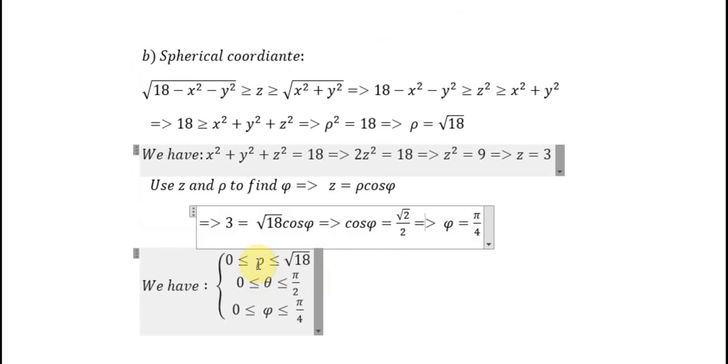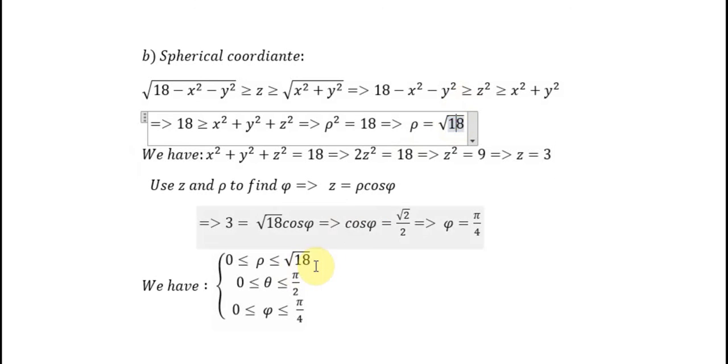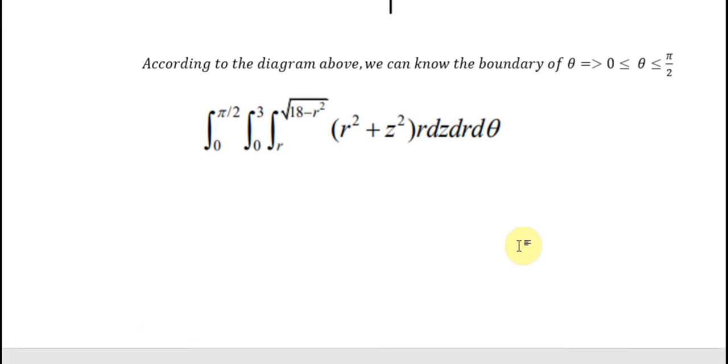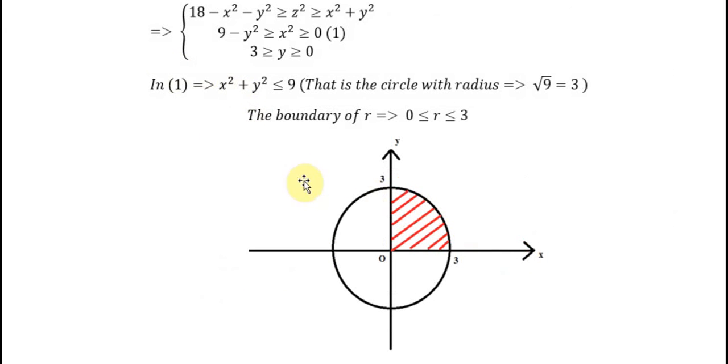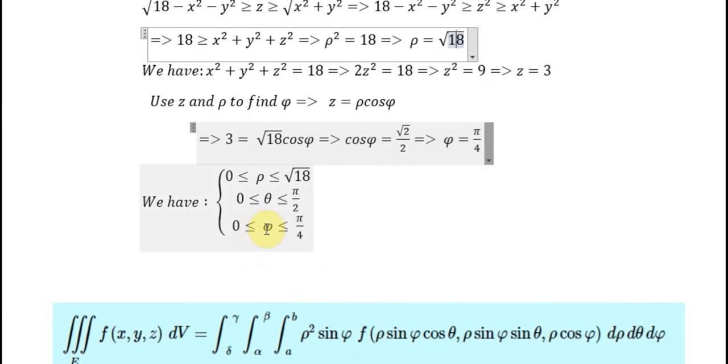After we calculate rho, theta, and phi, we have rho as the square root of 18, theta is pi divided by 2, as we explained with the circle in the diagram, and phi is between 0 and pi divided by 4.